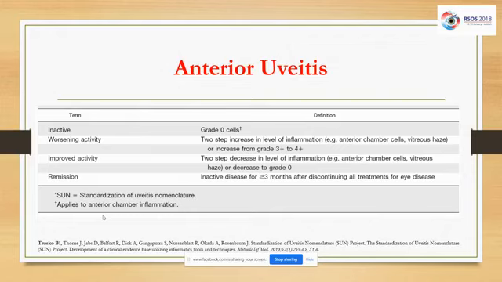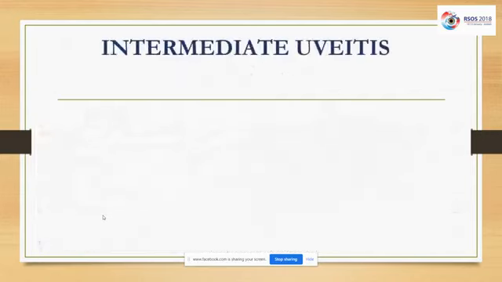For example, anterior chamber cells are decreasing, vitreous haze is decreasing or decreased to grade 0. Remission means that there is inactive disease for more than 3 months after discontinuing all treatments. So: inactive, worsening, improved activity, and remission. This is related to the diagnosis and management of anterior uveitis.